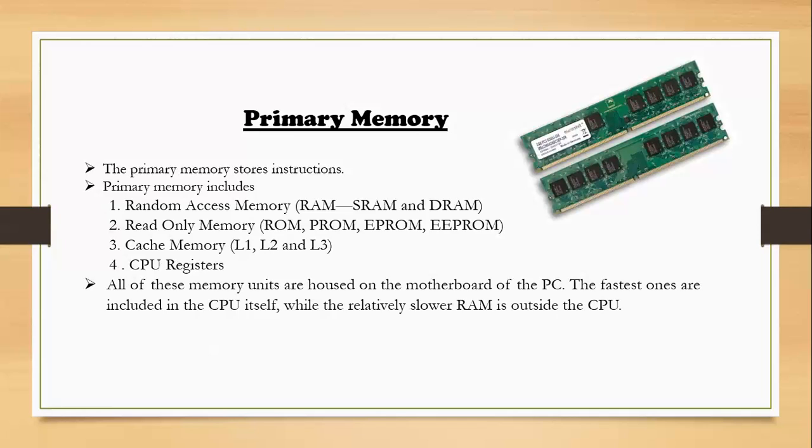What is memory? Memory is, after all, a collection of different cells. Each cell is capable of holding one bit of information. So if you are going from point number 4 towards point number 1, the cost per bit reduces.